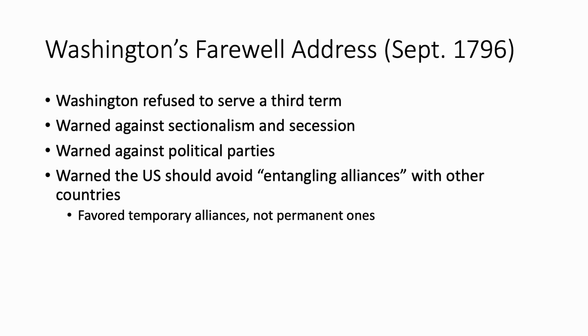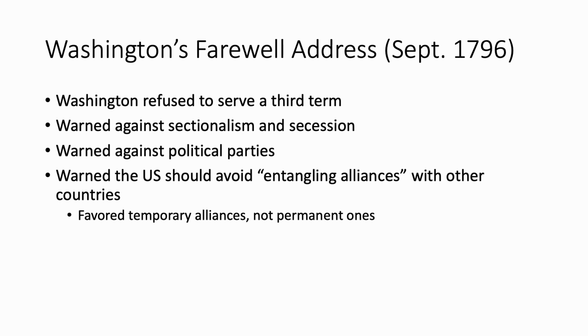Now, what that means is he didn't want permanent treaties. He favored temporary treaties with other nations. If you permanently get involved, then you're in every single battle, war, whatever, that the other country's involved in. And that's not such a great thing for a new country to get involved in.